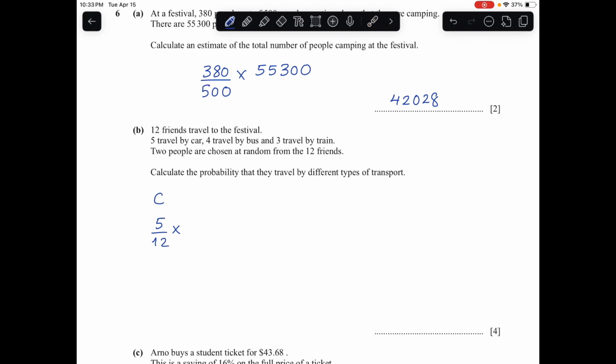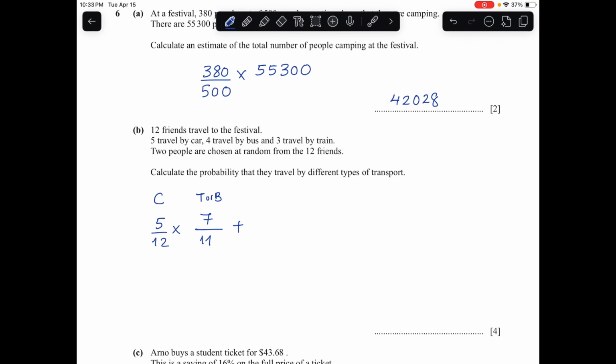And the other person has to go either by train or by bus, right? So that would be 7 out of 11. What does this mean? It means that to choose the first person going by car, I have 5 options, and to choose the second person, I have 7 options, 7 out of 11.